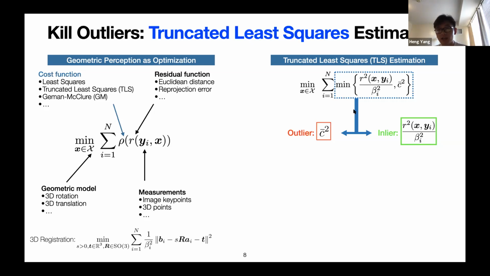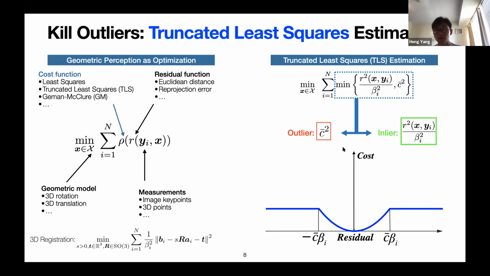But on the other hand, when the residual is larger than c-bar squared, which is the constant threshold that we've set, then this outlier will not be penalized. So it will become a constant that will not affect the solution of the optimization.